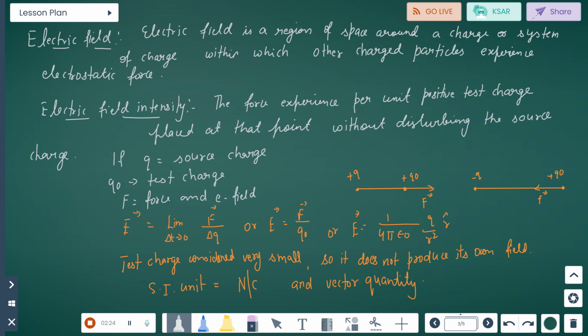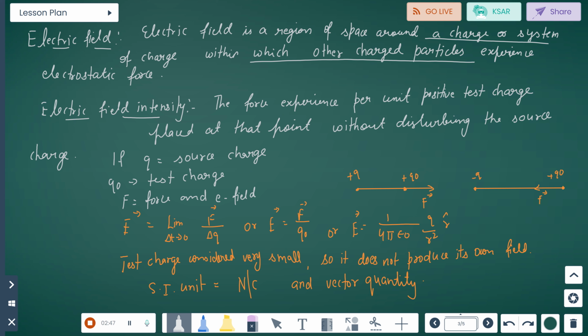Next is electric field. Electric field is a region of space around a charge or system of charges within which other charged particles experience electrostatic force.